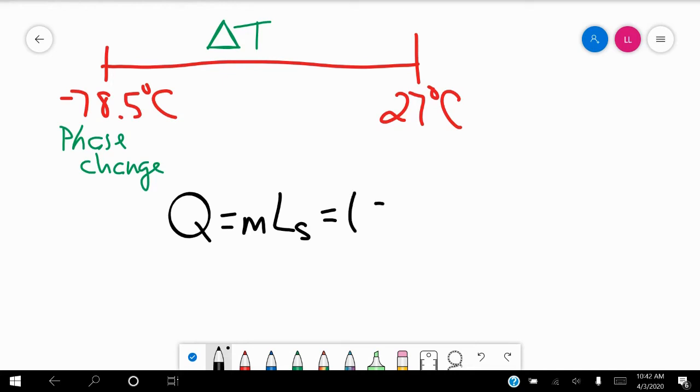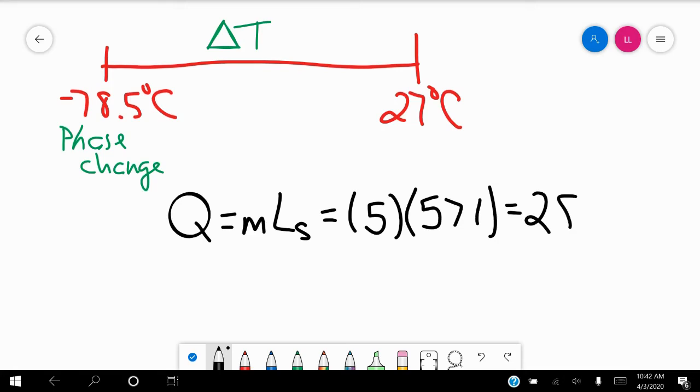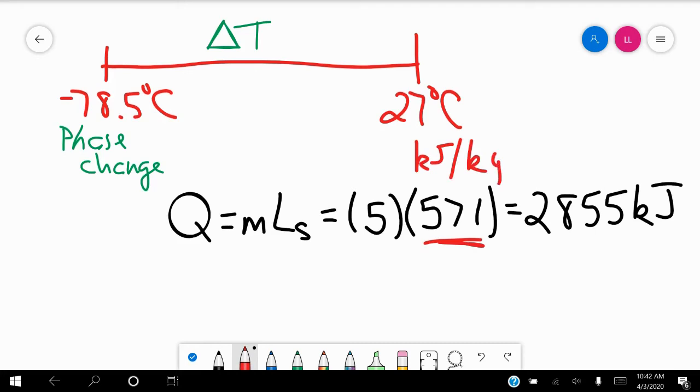It tells us we have a 5 kilogram substance, and a latent heat of sublimation of 571 kilojoules per kilogram, which gives us a heat added of 2,855 kilojoules. Again, note the units for the latent heat. It was kilojoules per kilogram. You can convert this to joules if you want, just by multiplying by 1,000. So that is our first heat.